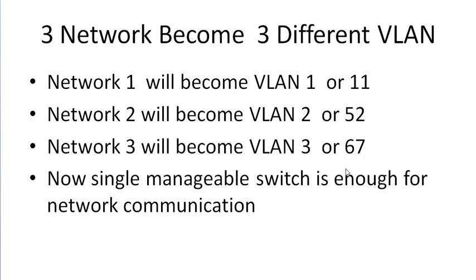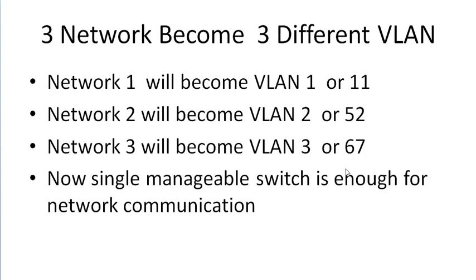Now we want to see how a network becomes a VLAN. Three networks become three different VLANs in the L2 layer. Network 1 will become VLAN 1 or 11.